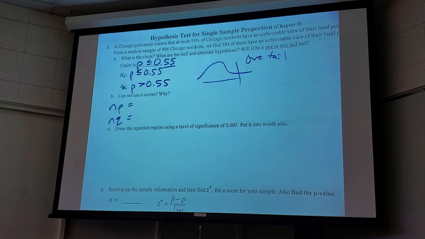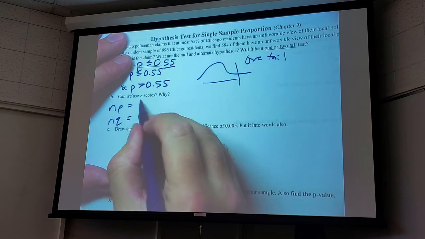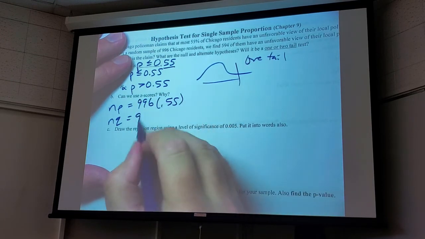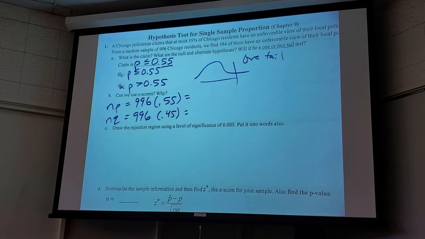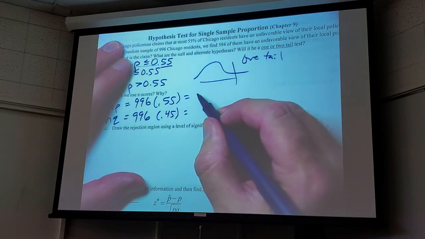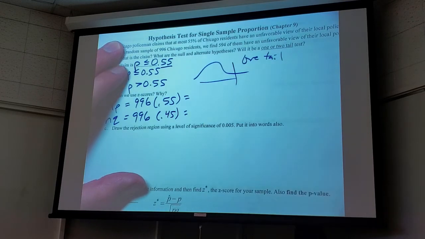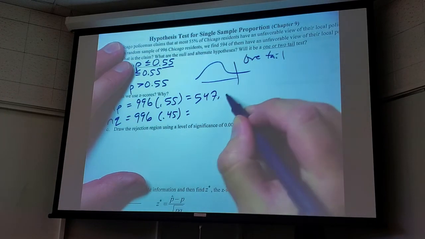What's N? N. 996. Good. All right, so 996 times P, and of course, I think you just told me Q. You guys good? 547.8.